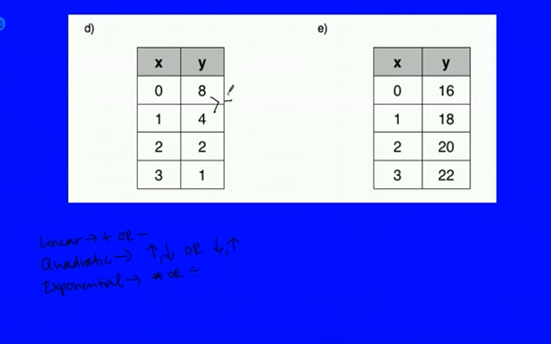So this is divide by 2. This is divide by 2. And to get from 2 to 1, you would also divide by 2. So because we're dividing each time, that means that it's going to be an exponential. And particularly because we're dividing each time, it's going to be exponential decay.